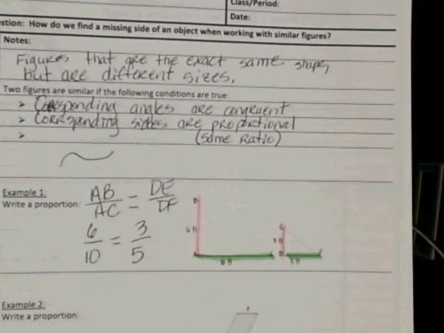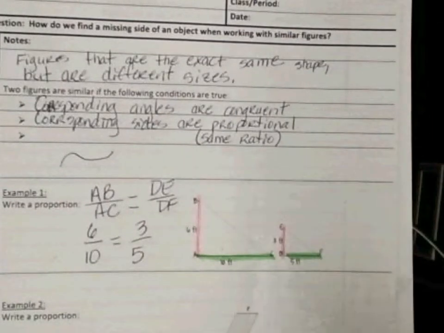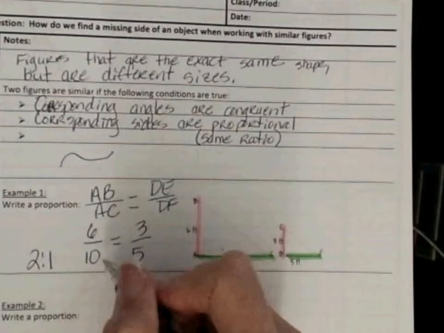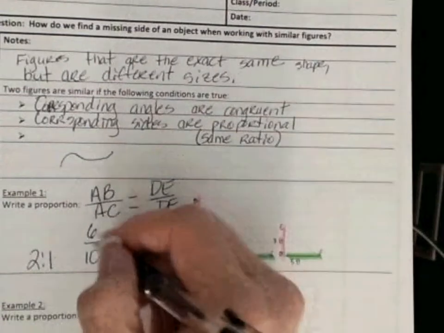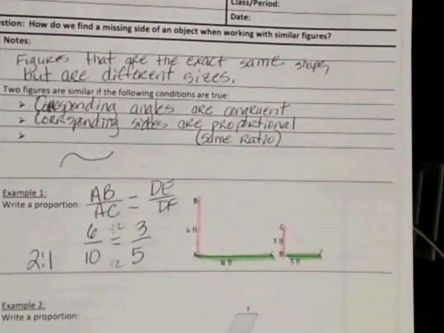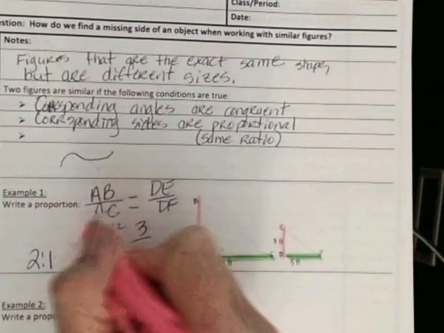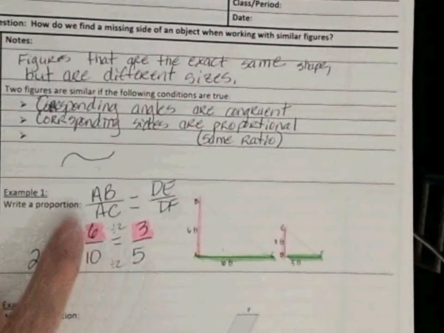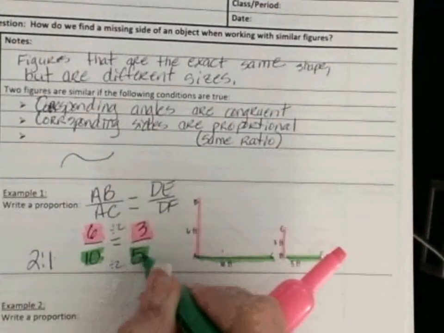What might help you is to highlight the sides that you're comparing. That helps you keep your ratio correct. On this one, AB is 6, AC is 10, DE is 3, and DF is 5.